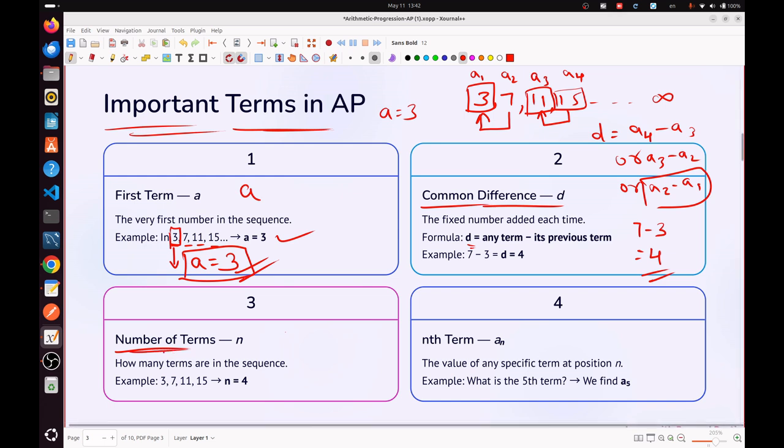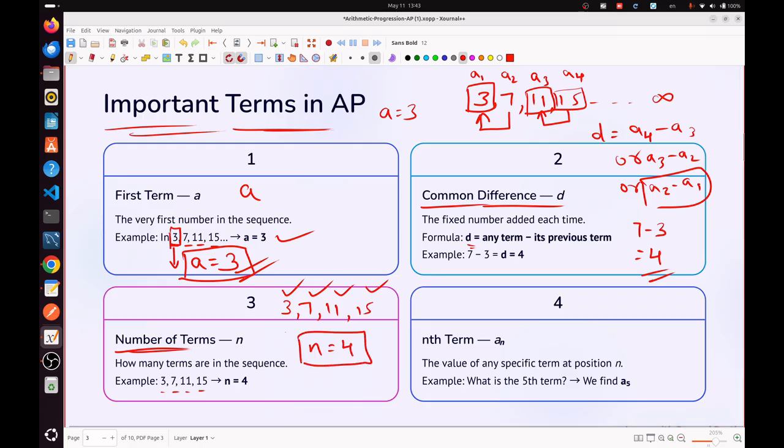Next important term is the number of terms. This is very important. How many terms are there in the sequence? The given sequence is 3, 7, 11 and 15. Then how many terms are there? 1, 2, 3, 4. We need to note it as 4, that is denoted by n. Okay. Another important term is the nth term.